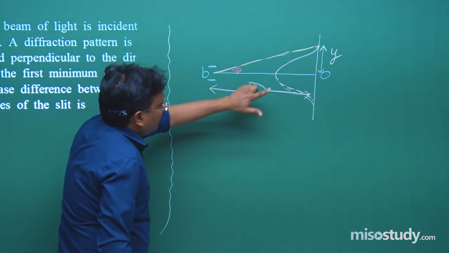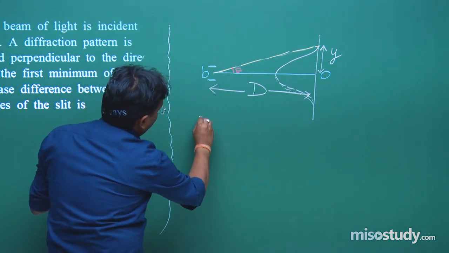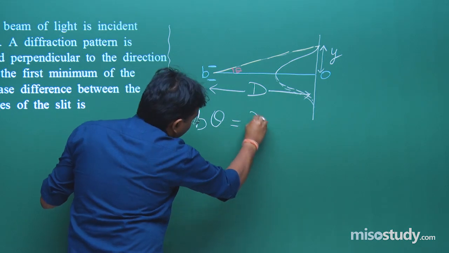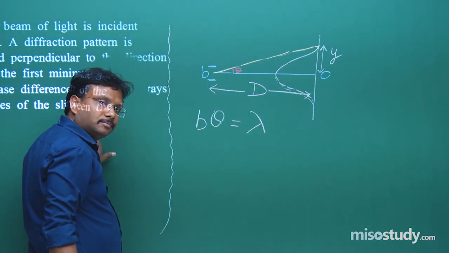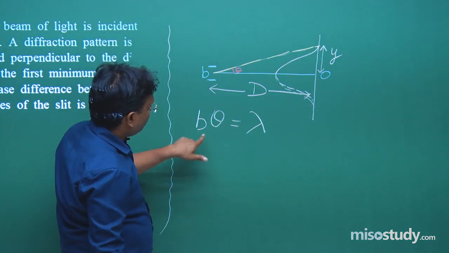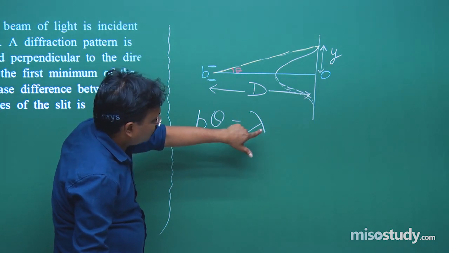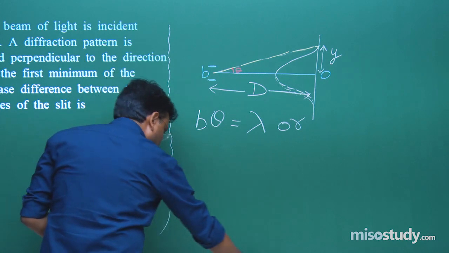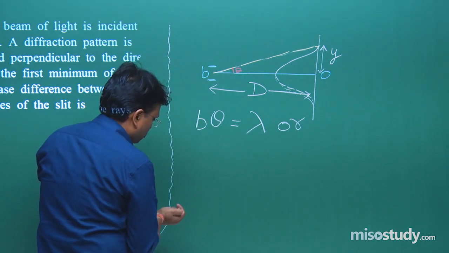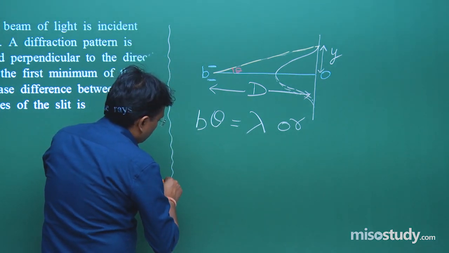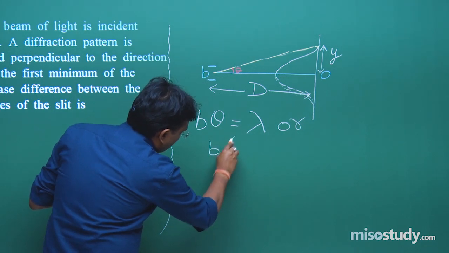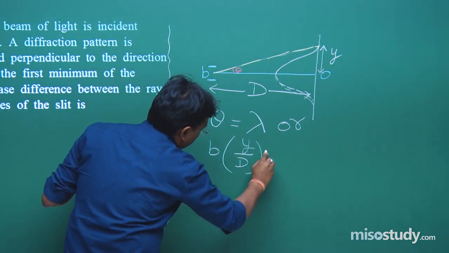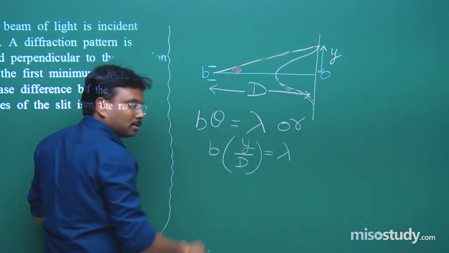Now, for this entire explanation, what can I write down? b theta is equal to lambda. Well known relation. b theta is equal to lambda, or b y by d is equal to lambda.